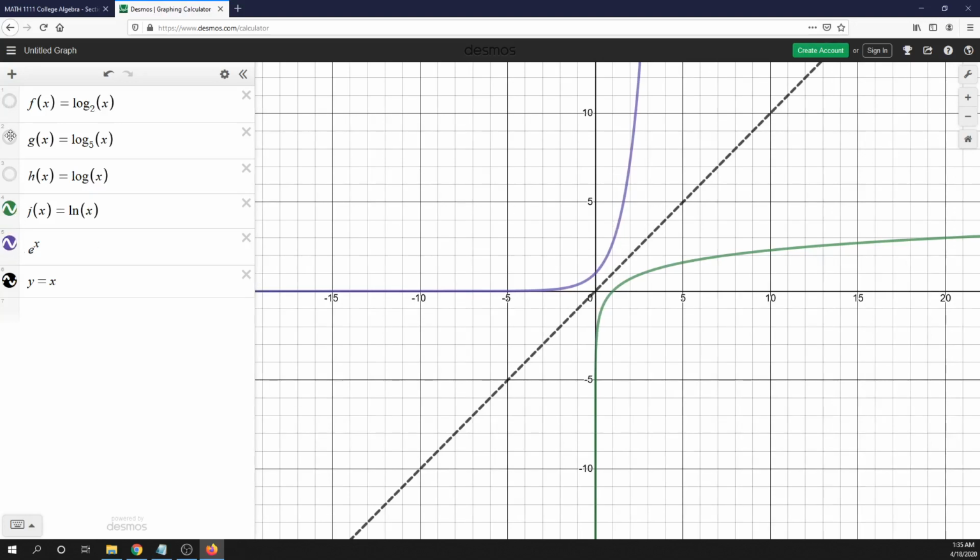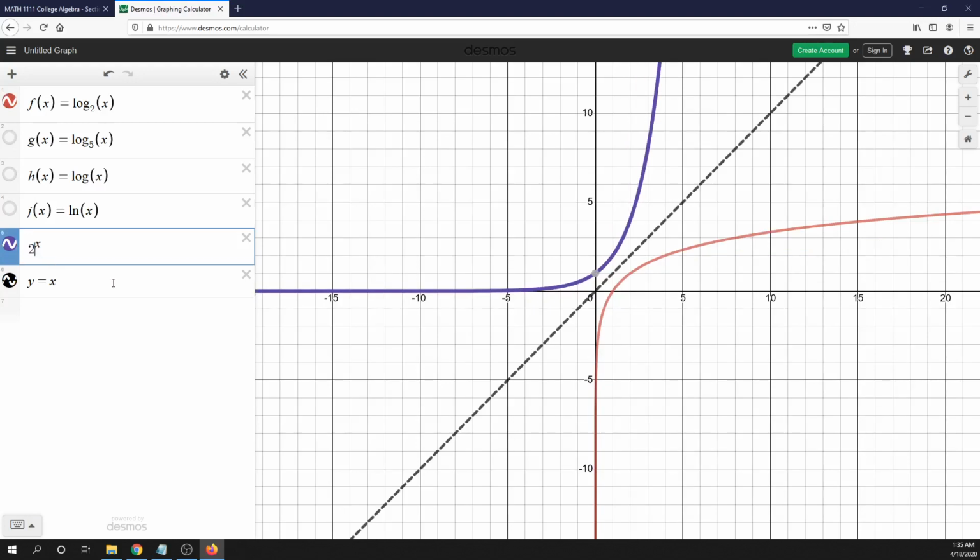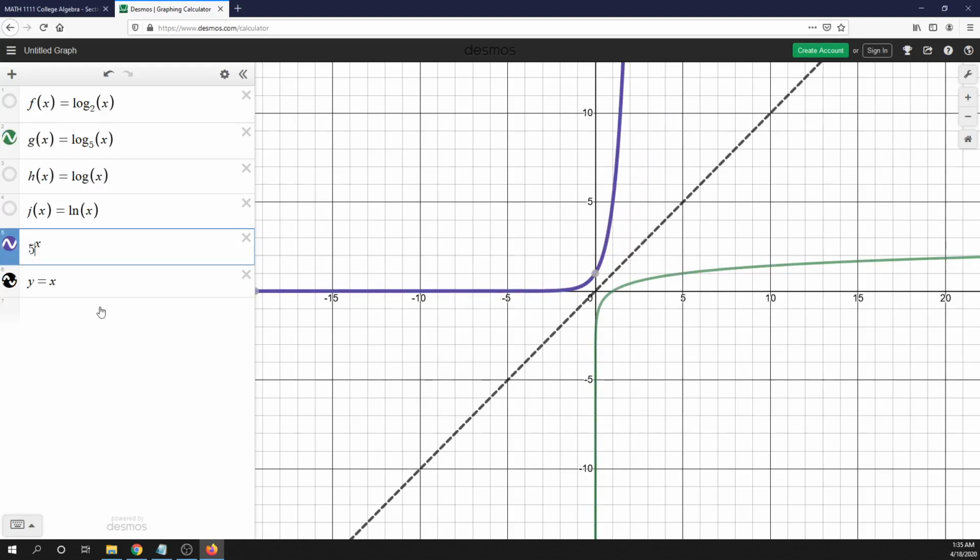And we can illustrate for all of those as well. So for instance, if I do log base 2, its inverse is 2 to the x, and you can see that those graphs are symmetric about the line y equals x. The inverse of log base 5 of x is going to be 5 to the x.